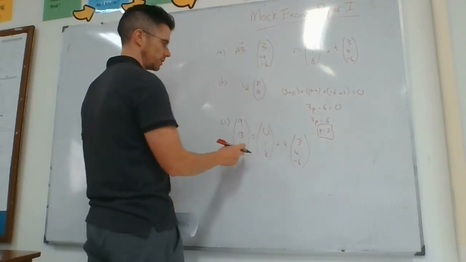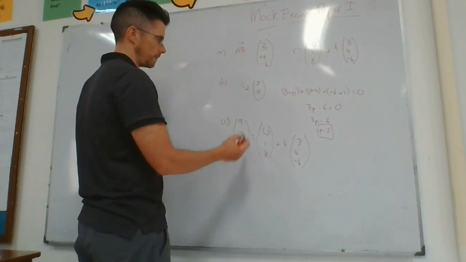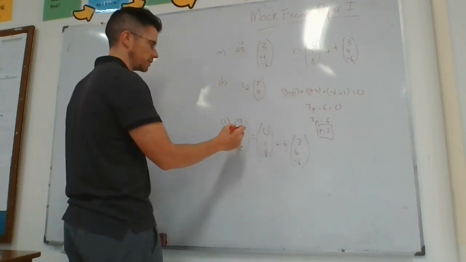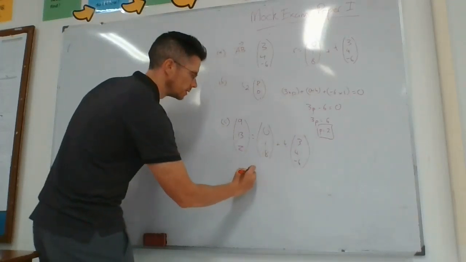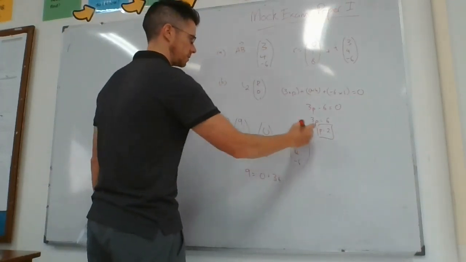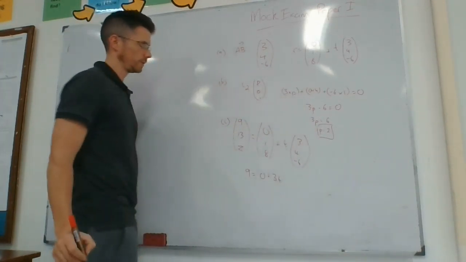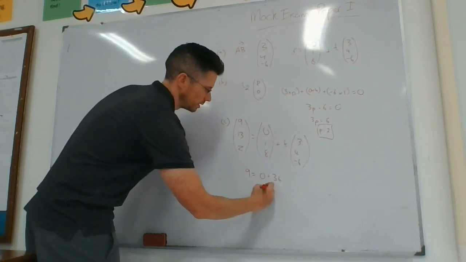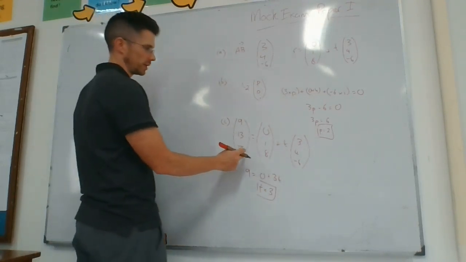Now we don't know T or Z, but we have enough information to find both. For instance, I can find T pretty early because 9 is equal to 0 plus T times 3, just from the i line, the x parameter. So T then would be 3 from that. That's great, which will help us when we go to the last line.